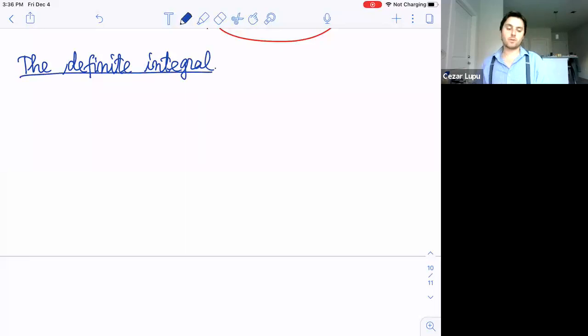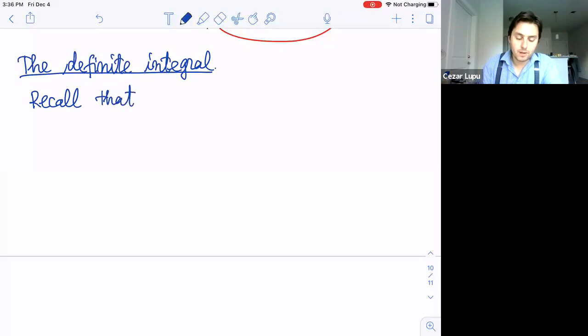All right, so the definite integral. Remember we said that Sn, recall that Sn, we dealt with the special case of a Riemann sum, keep that in mind, right?